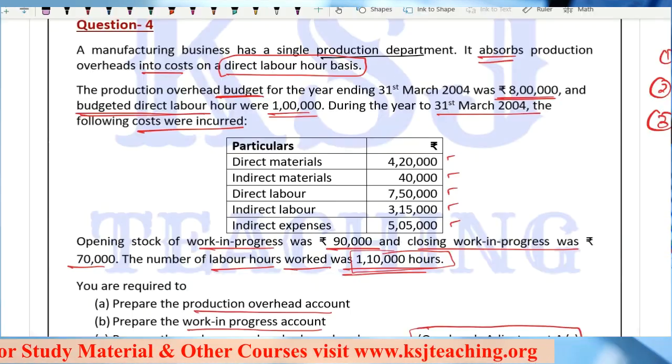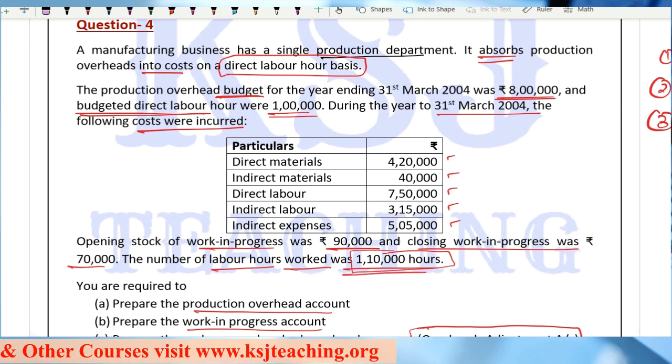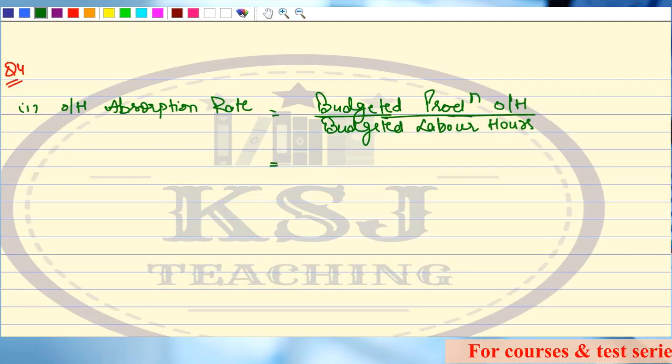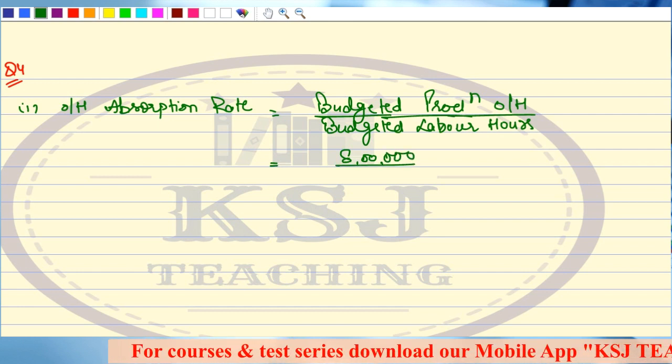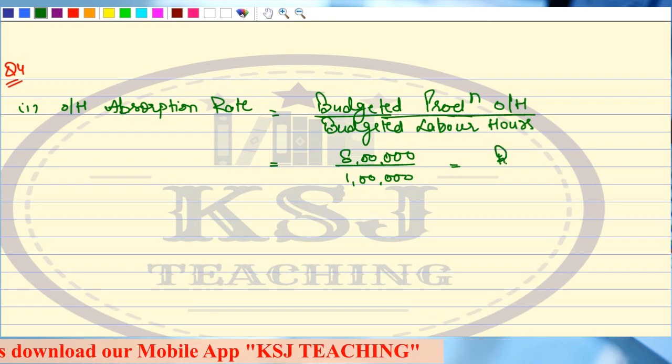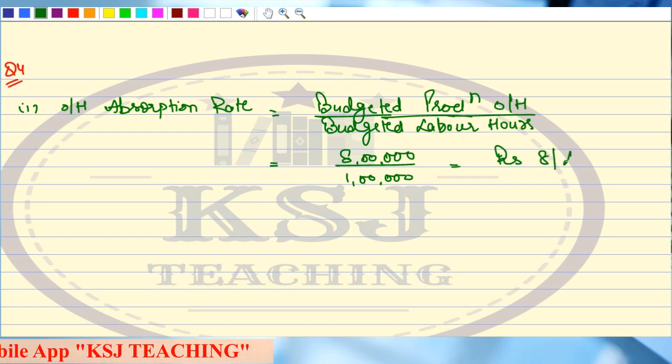So what is the budgeted data that is given to you? The budgeted overheads were 8 lakh rupees and the budgeted labor hours are 1 lakh. So I can say the budgeted production overheads are 8 lakh divided by 1 lakh, that is the budgeted labor hours. So my budgeted overhead absorption rate is rupees 8 per labor hour.